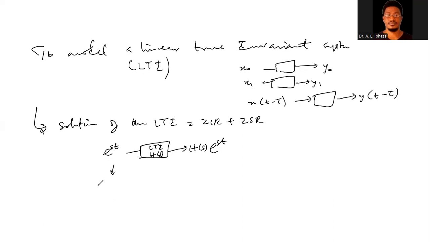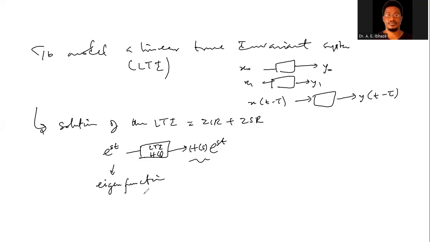Where e^(st) is referred to as the eigenfunction. And that is the input to the LTI system, so that the output is a replica of this same input, but scaled by the parameter or the characteristic of the system, H(s).